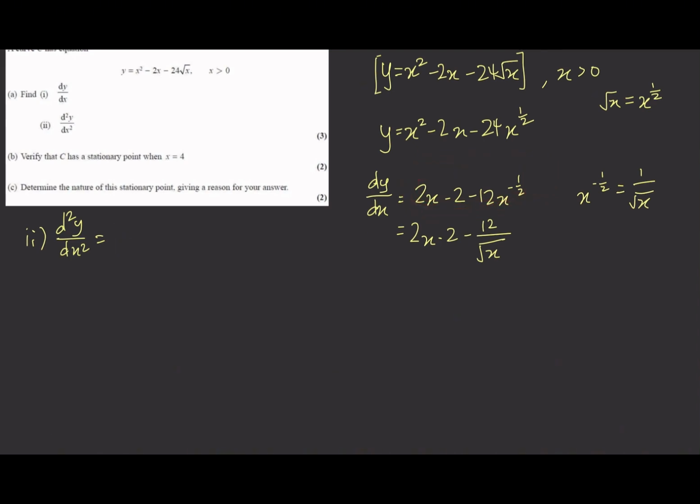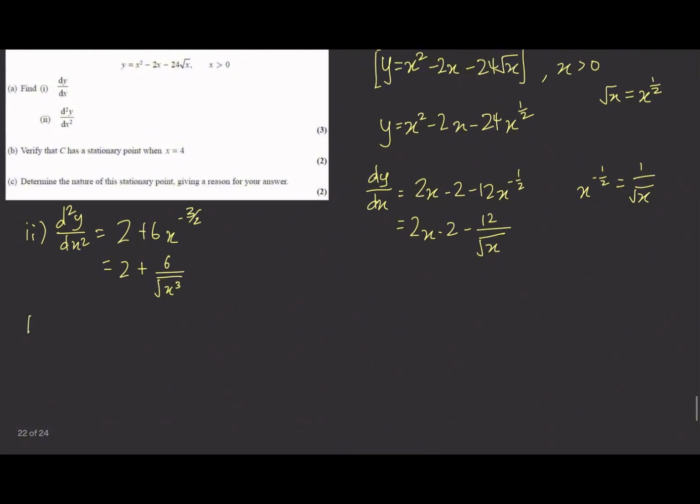The derivative of 2x is 2, the derivative of negative 2 is 0, and for negative 12 x to the power of negative half, negative 12 multiplied by negative 1 over 2 is 6, plus 6 x to the power of negative 1 over 2 minus 1, which equals negative 3 over 2. Or you can write it as 2 plus 6 over x to the power of 3 over 2.